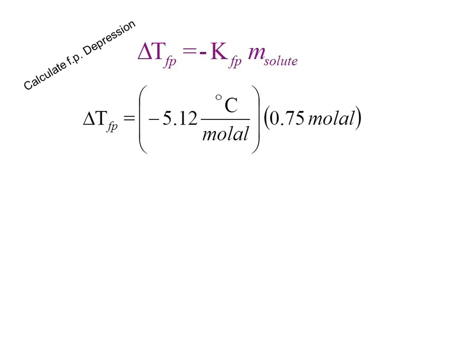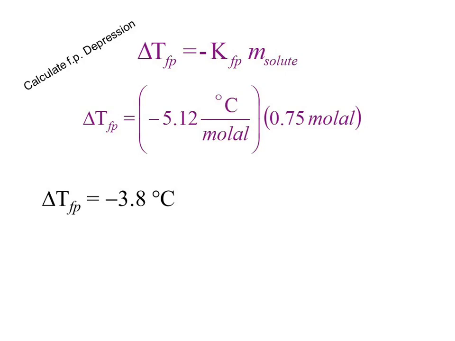And then the molal we came up with was 0.75 molal. So our molals cancel, and we're left with units of degrees Celsius, which is great. Rounded to two significant figures, we end up with a freezing point depression of negative 3.8 degrees Celsius.